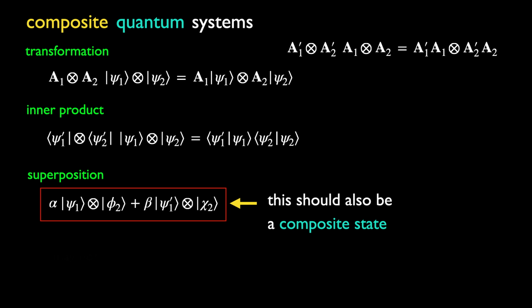In general, we may not be able to express such a state in the form of a product state. This gives rise to interesting possibilities known as quantum entanglement. But that's a topic for another video. For now, let's complete the formalism for composite systems.